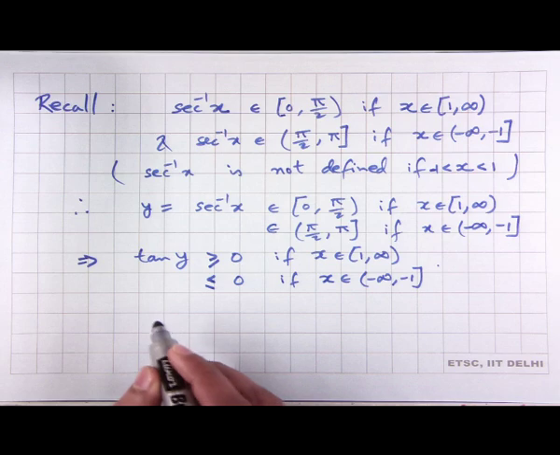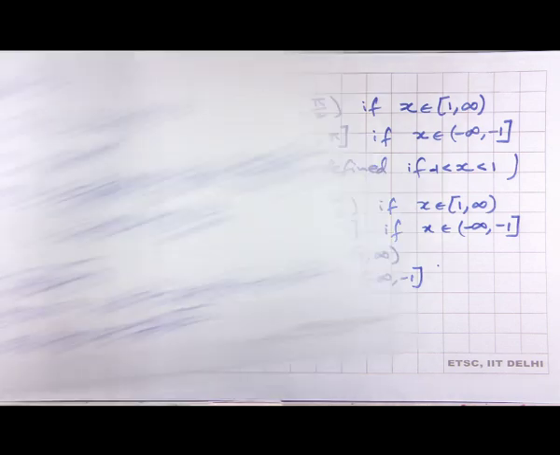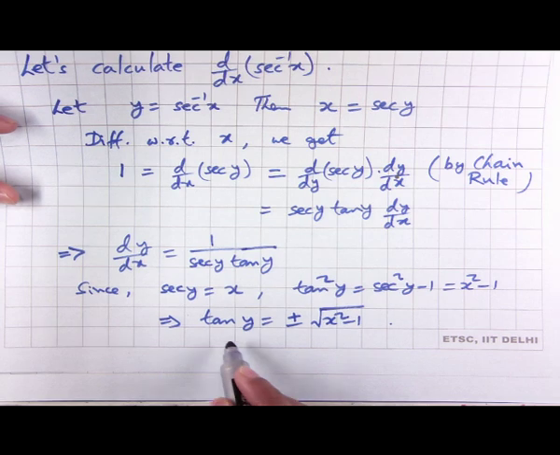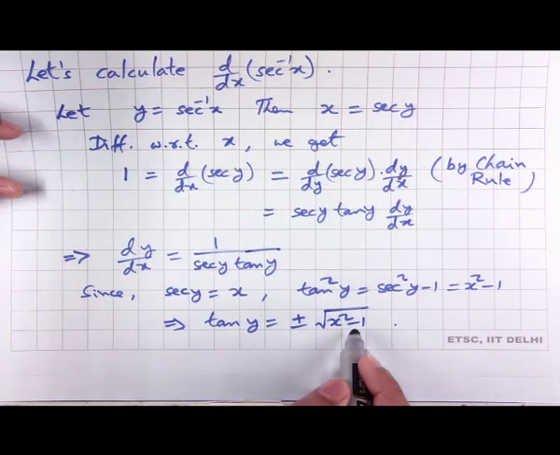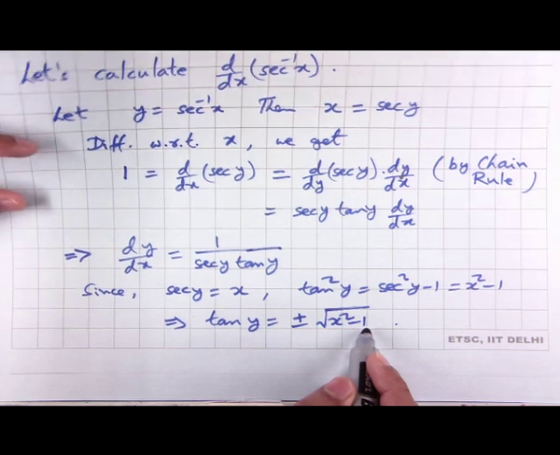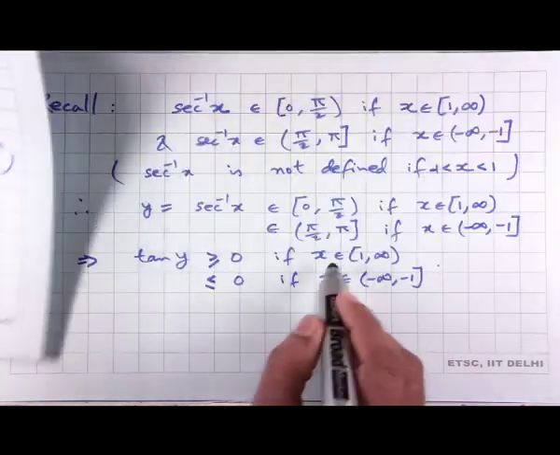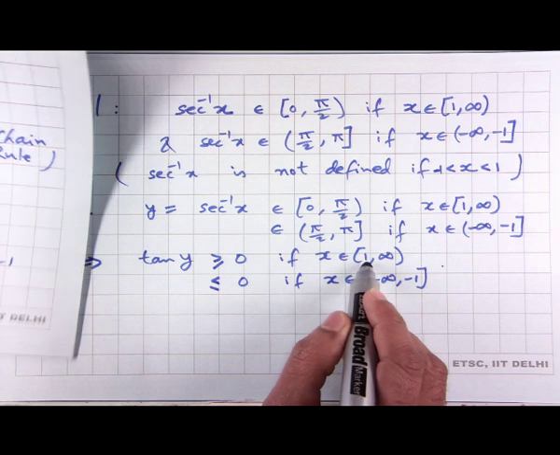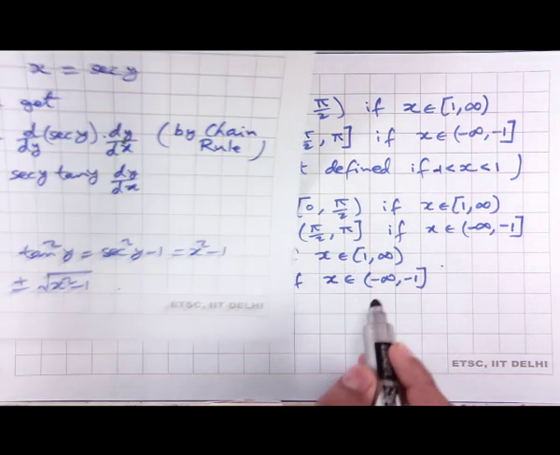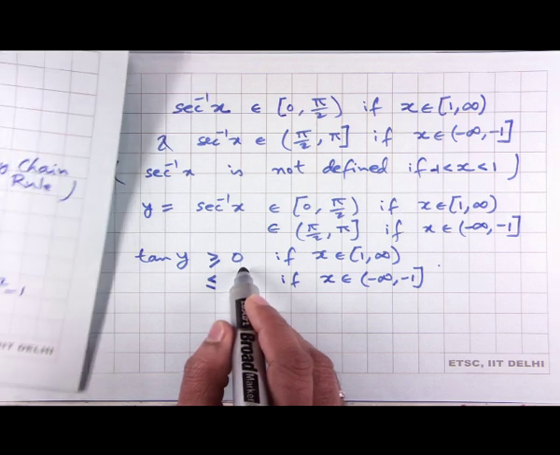So, therefore, if you see in the previous page, we had tan y is plus or minus square root of x square minus 1. If we have x greater than or equal to 1, then tan of y must be non negative.